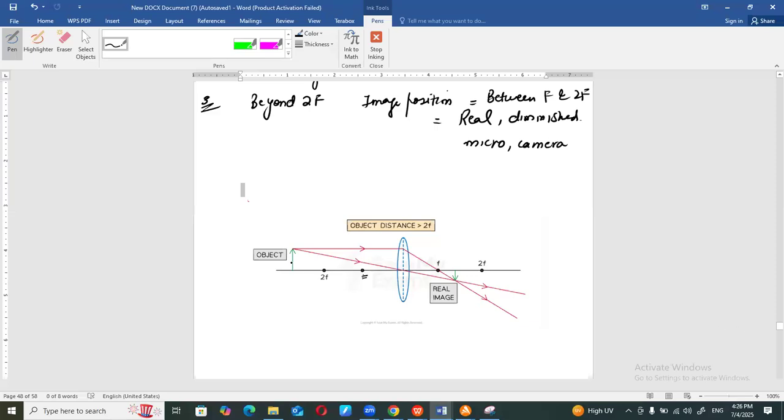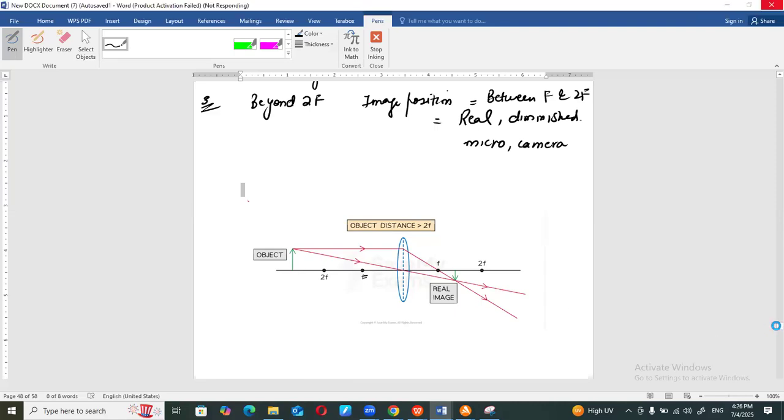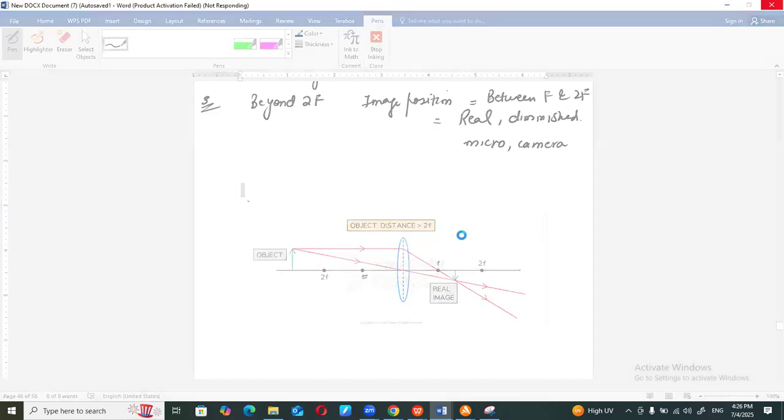Next, now start bringing the object further closer. All right. Now, what exactly is the situation? So let's quickly review that once again. When an object is placed beyond 2F, the image is formed between F and 2F, right?